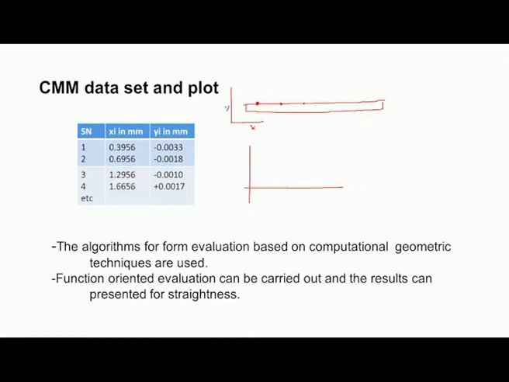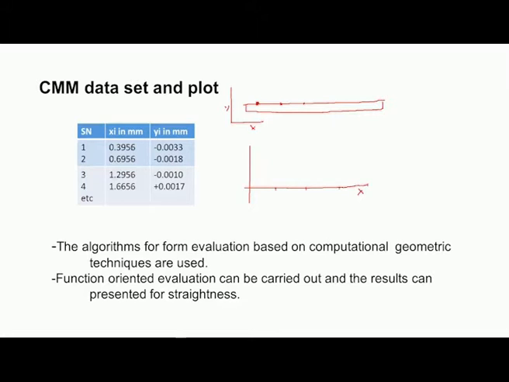So, in this case you can see this is point x values 0.39 approximately 0.4 and then 0.69, okay, this is 0.8 and this is 1.2 and this is 1.6 millimeter.